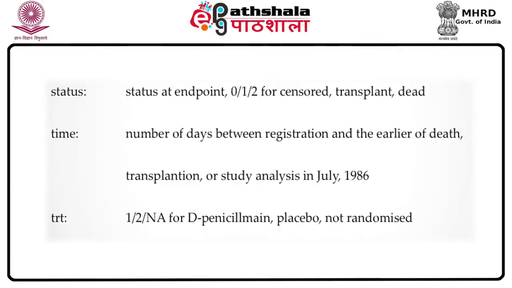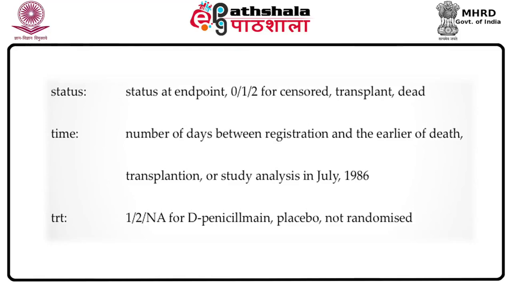In addition to these covariates, we have these outcomes. The first is the censoring variable, which has been defined as status. So status can take values 0, 1, and 2, corresponding to whether or not the subject was censored, had a transplant, or was dead.